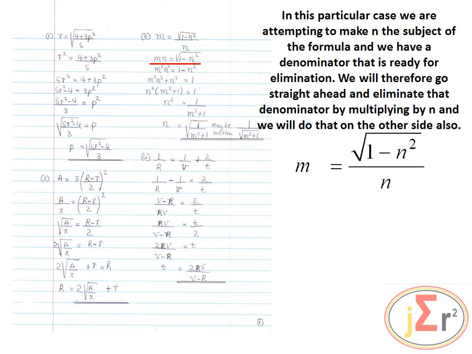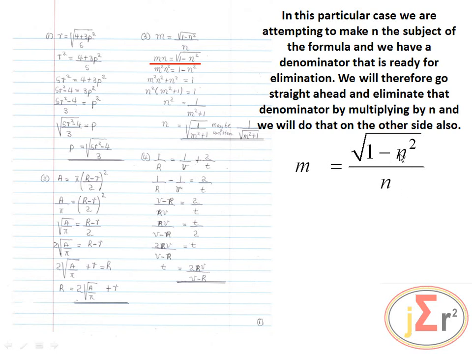Also, we realize that the proposed subject that we have right here is also the one that we have right here. But let us say that we were blind to the fact that the n is also the proposed subject.